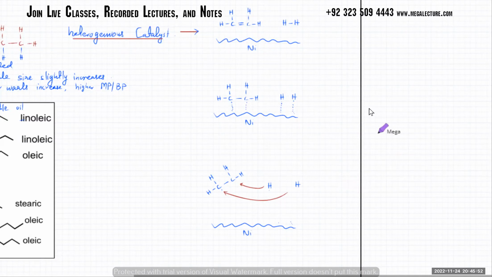Let me also write the definition. The first step is adsorption. In adsorption, catalysts and reactants form weak bonds, very weak bonds.